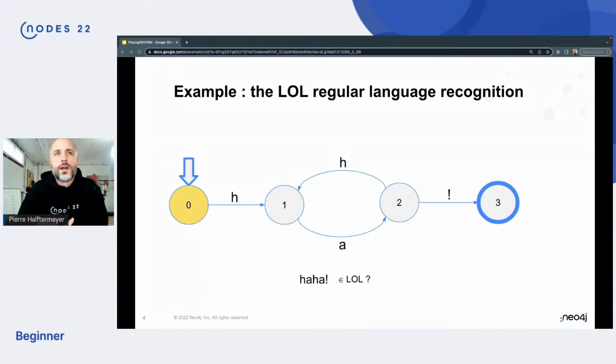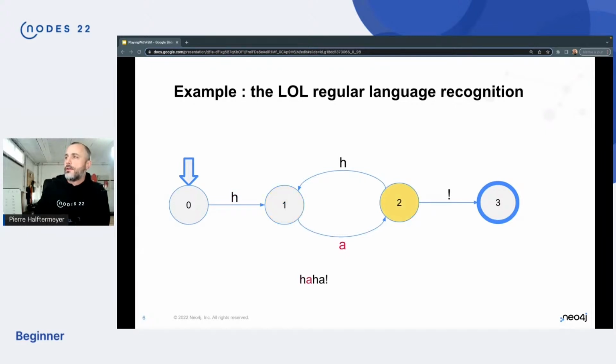I will try to find out if the word haha! is recognized by my automaton. I am in the initial state because there is the arrow, and I will read the first letter of my word, H, and that will get me to state 1. I have 4 states here.